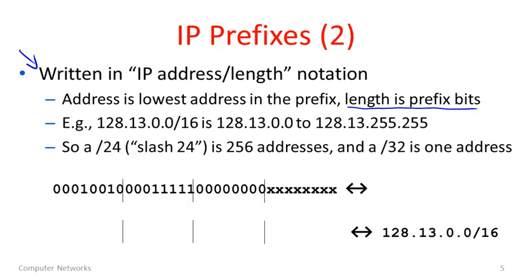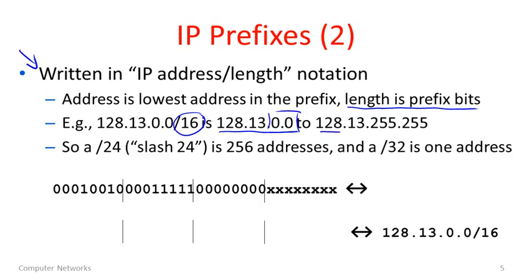So for instance, 128.13.0.0/16 means it has a 16-bit length prefix, so the last 32 minus 16, or 16 bits, will be free. So the addresses will range from the bottom address, which was given as part of the prefix, to the same address when I turn on all of the bottom 16 bits.